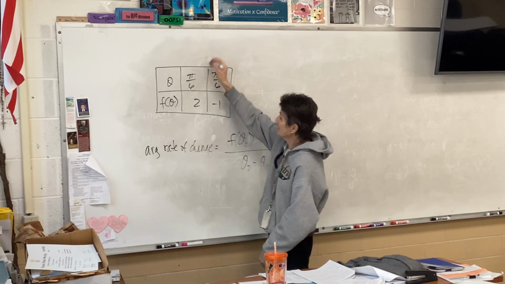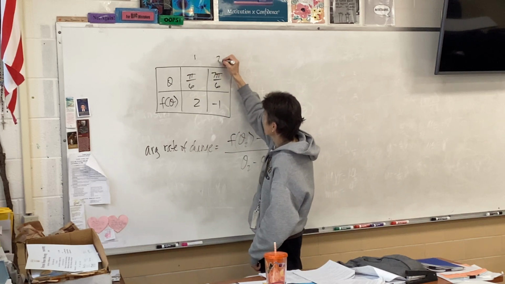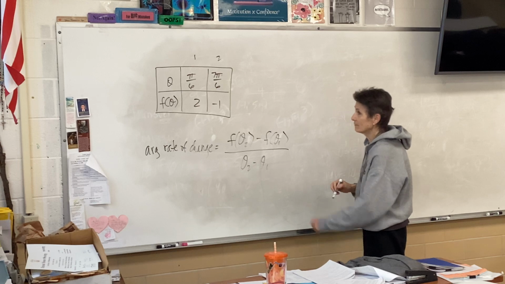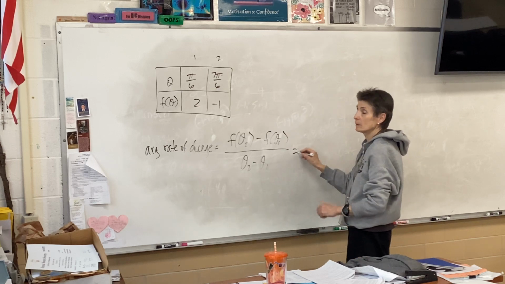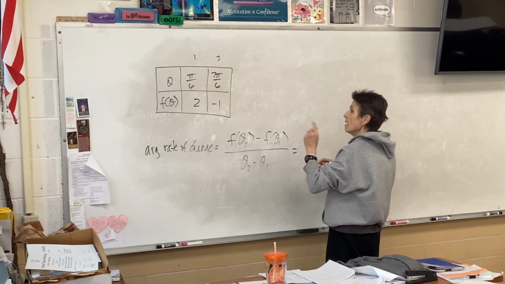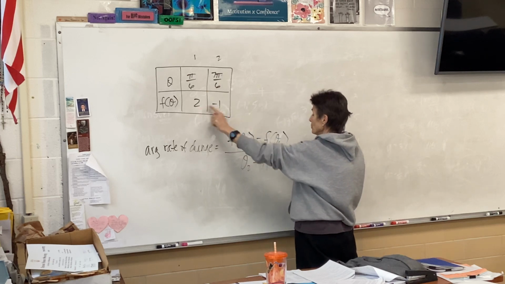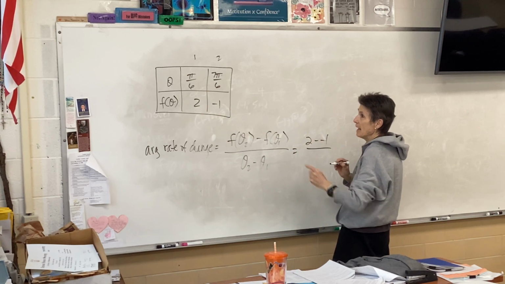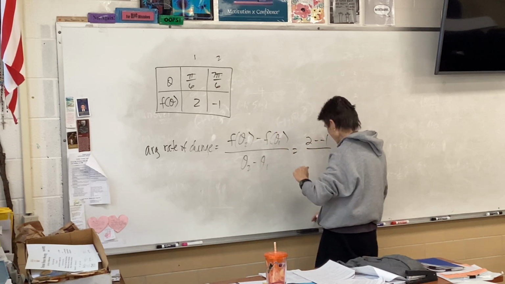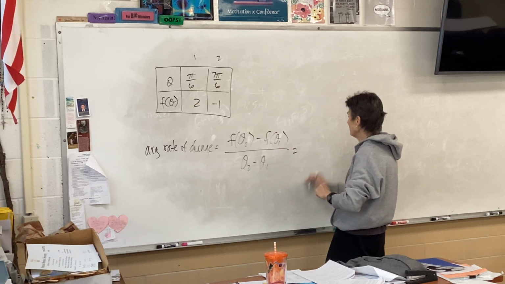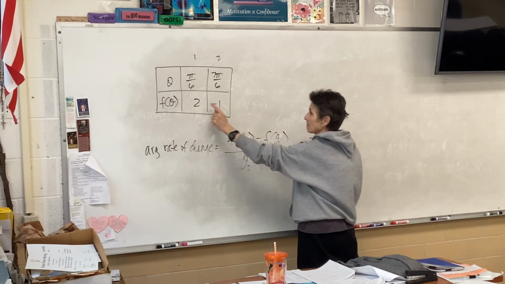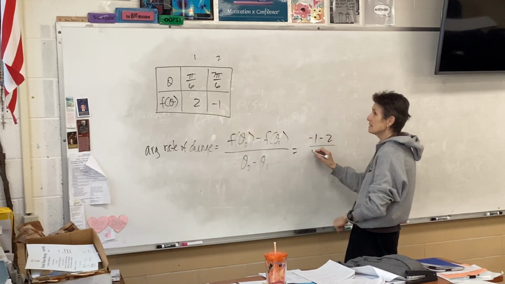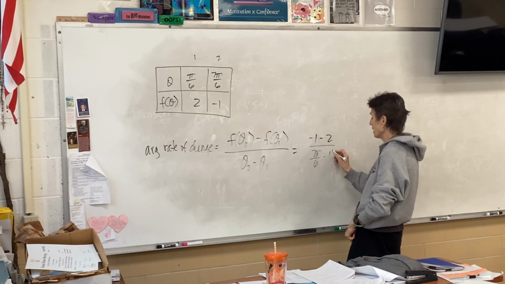So if we call this theta 1 and this theta 2, then we can find our slope, our average rate of change, by taking 2 minus negative 1 and dividing that, oh, excuse me, backwards, negative 1 minus 2 over 7 pi over 6 minus pi over 6.